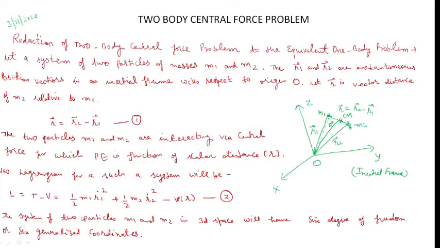The system of two particles m1 and m2 in three-dimensional space will have 6 degrees of freedom, or you can say there will be a requirement of 6 generalized coordinates to specify the positions of this dynamical system.